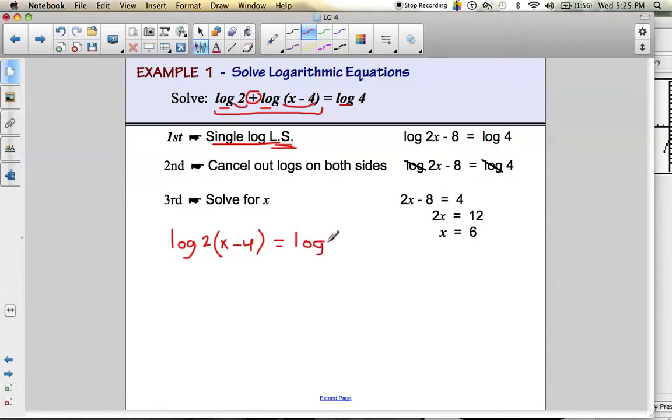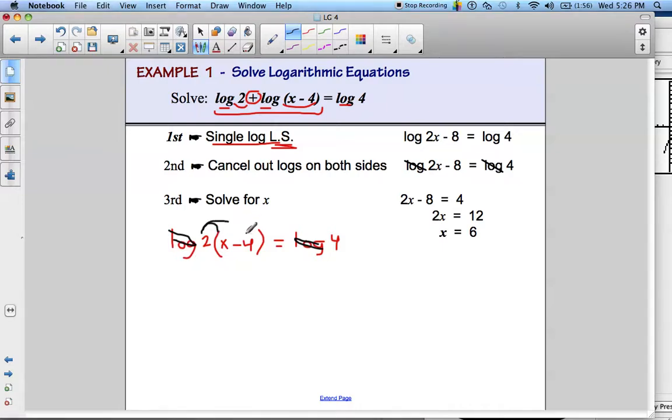Okay, now, the purpose of this is once we have them into single logs, see there's a log there and a log there, we get to cancel out. So now I just cancel this log out with this log. So they get canceled out. Okay. So now I rainbow, because it's just a straightforward, easy grade 9 question.